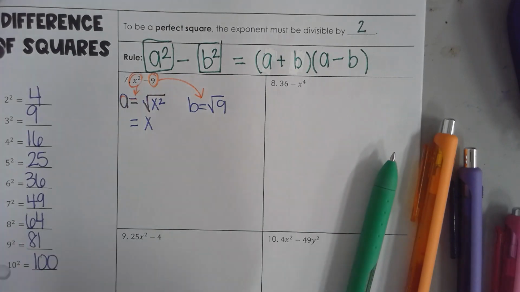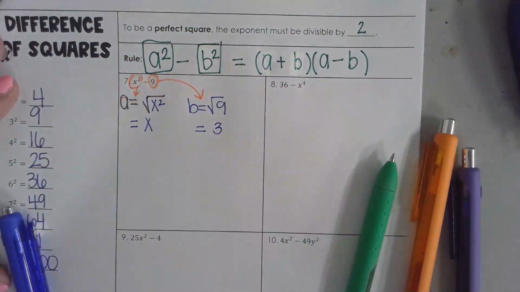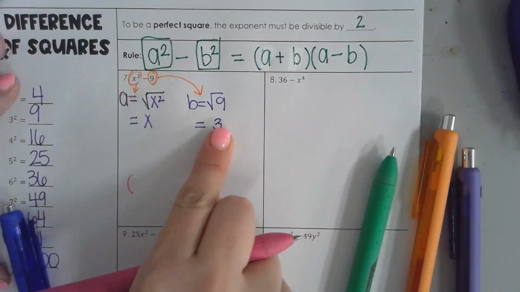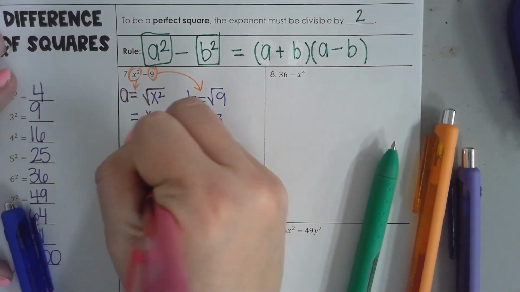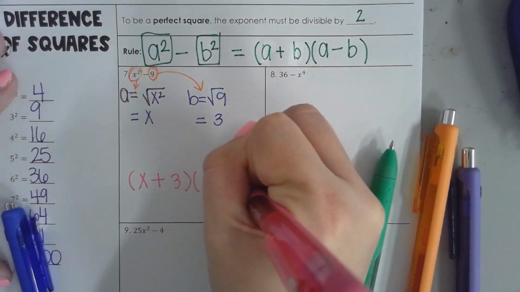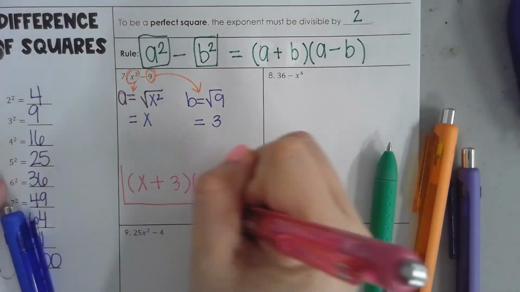What is the square root of 9? 3. So this factors, it's a plus b, so x plus 3, x minus 3. So if I tell you to factor that, I'm asking you to break it down as much as you can, and this is your answer.